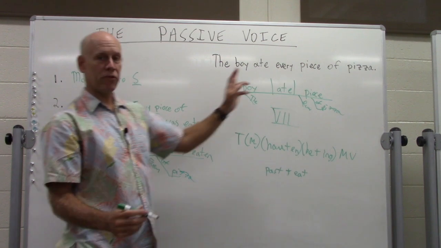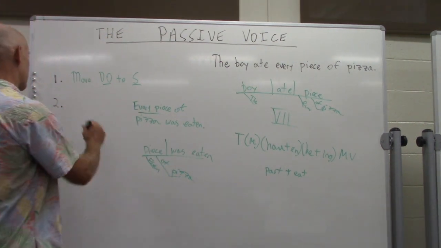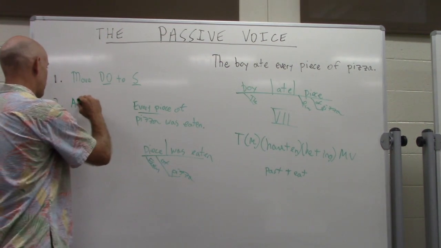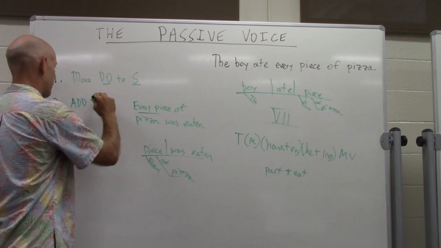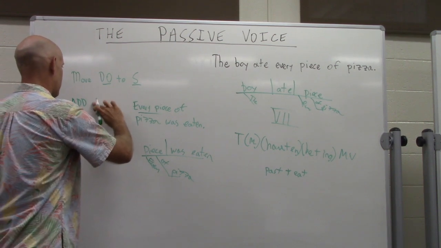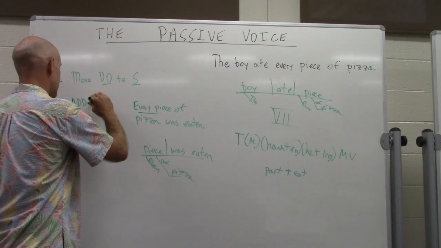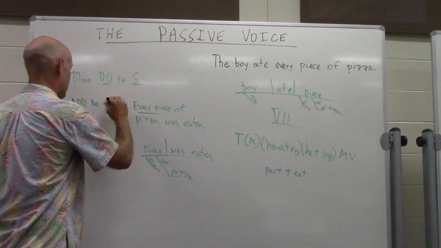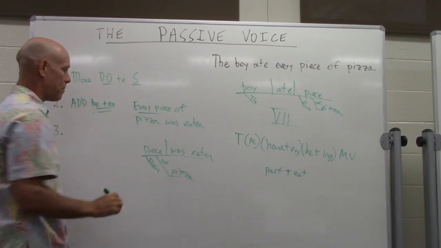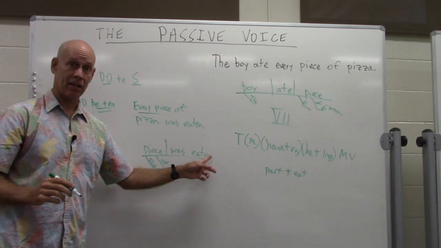Direct object becomes a subject. That's step number 1. Now, look what we're doing to the verb, though. We're adding a be plus the en ending, okay?